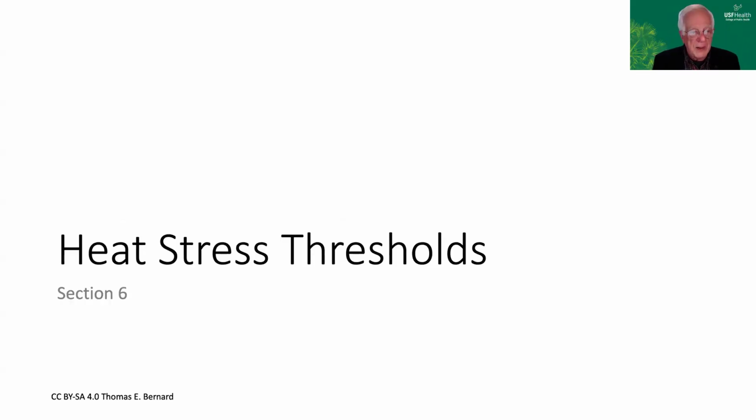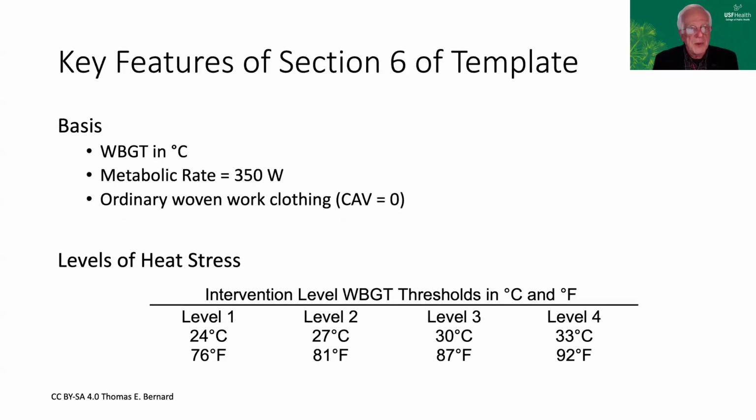Moving on through the template is establishing heat stress thresholds. The basis for the template itself is, first of all, I like WBGT. Heat index really doesn't carry enough information, I think, to be basing the critical decisions on.